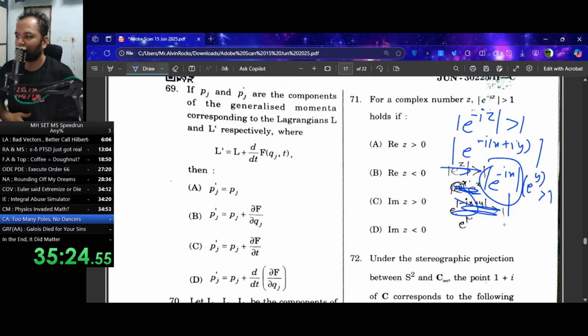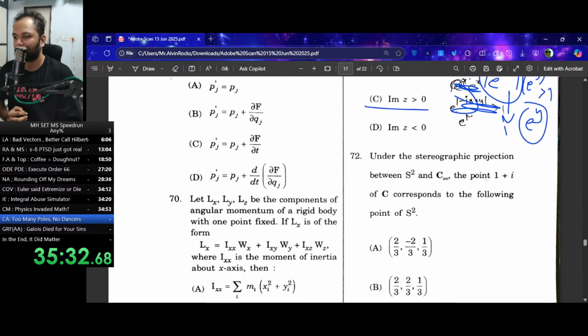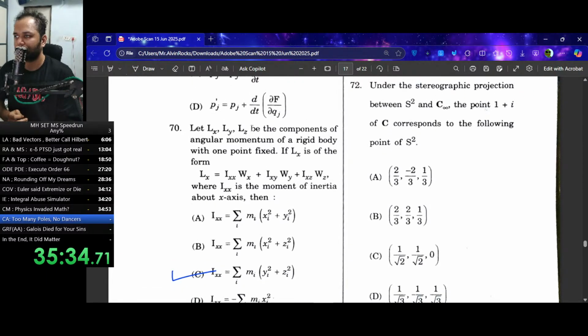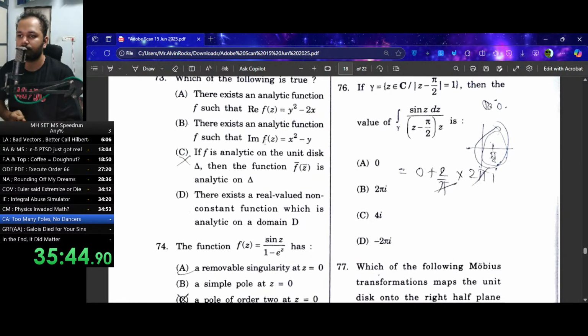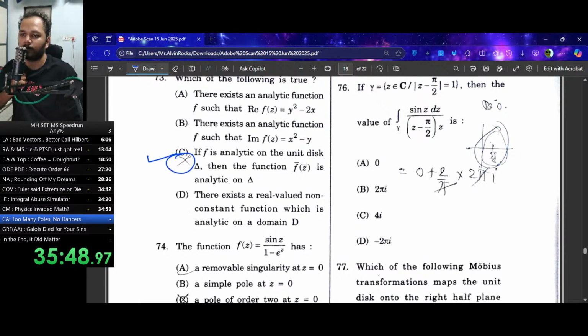This is modulus, imaginary is 1, so no problem. So exponential y, which is the imaginary part. Periodic projection, a simple formula is there. Actually this is true, not exactly false. Basic theorem.